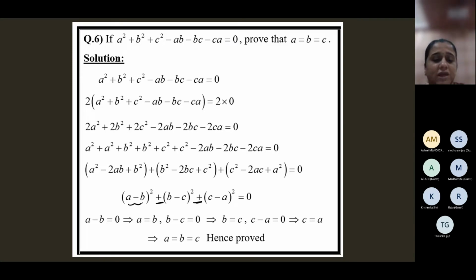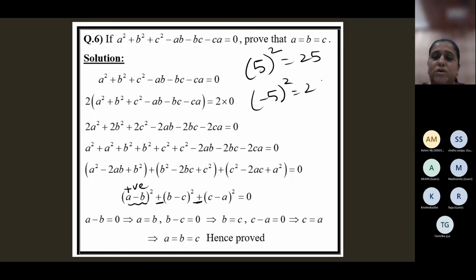And what can we say about a minus b the whole square? It is always positive. Because when 5 is positive and you square it, you get a positive 25. And when 5 is negative and you square it, you still get a positive 25. When you square, the result is always positive.